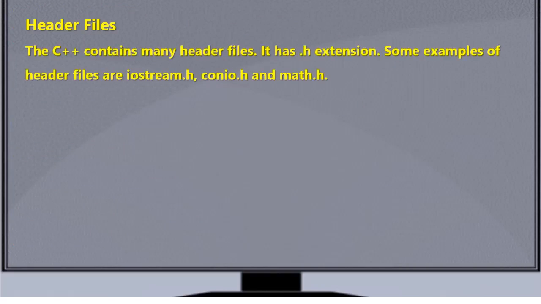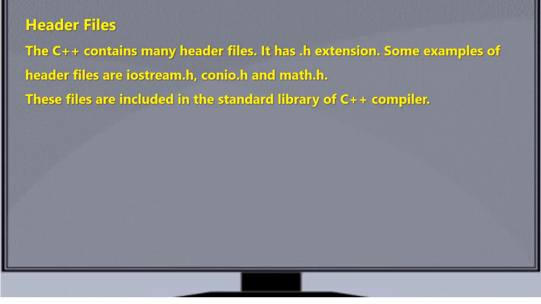Header files in C++. C++ contains many header files. They have the .h extension. Some examples of header files are iostream, conio, and math.h. These files are included in the standard library of the C++ compiler.